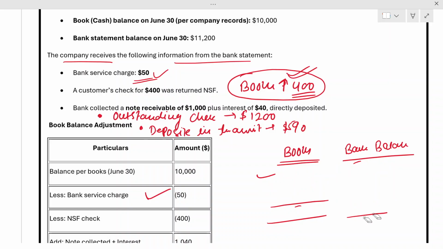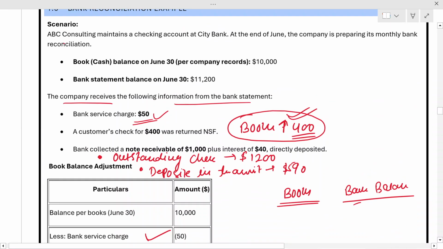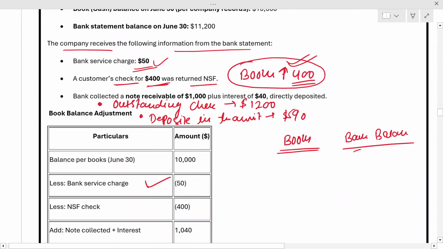Similarly, if we go to the next item, which is a customer's check for 400 that was returned NSF, which means there was non-sufficient fund, so this 400 got returned. This was dishonored. So when this got dishonored, what will happen?